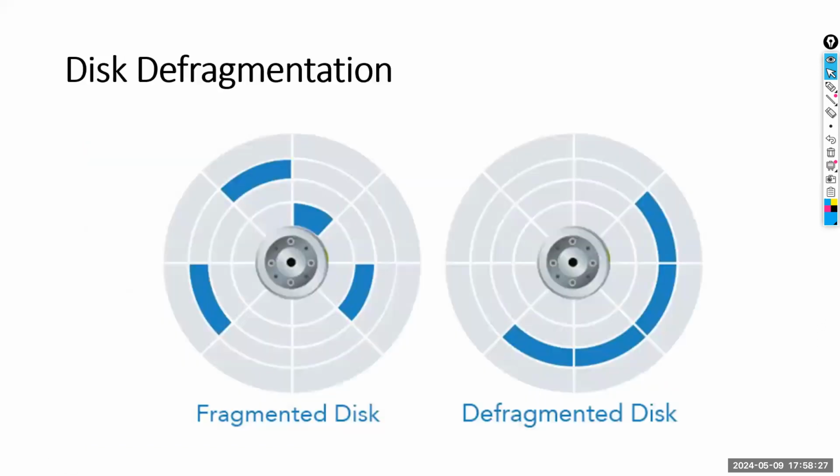I already explained to you the disk defragmentation. You can see for the same file, the file is here and there, in different blocks all over the disk. But after defragmentation, there's a possibility that they are contiguous.